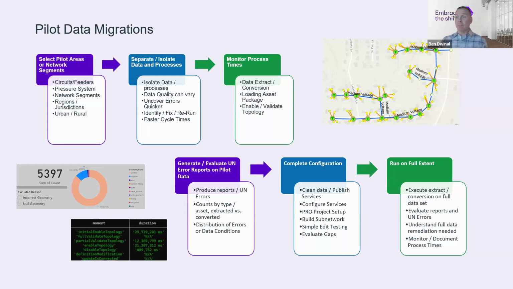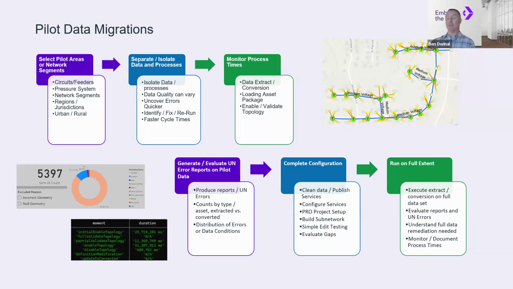Now, the other benefit for isolating your processing on your subsets of data during pilot migration is that we're able to capture very refined metrics about the processes. So as we prepare for our planning for running on your full data set, what we're going to want to know is, hey, how long does the extract from the legacy system take against this volume of data?